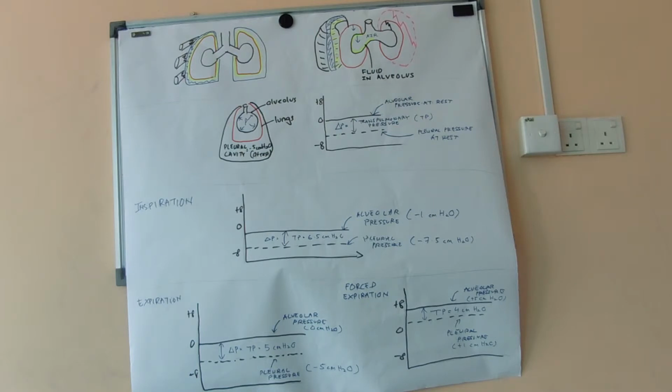The recoil of the lungs can be divided into 1/3 and 2/3. The 1/3 of the total recoil is due to the lung tissue constituents such as collagen and elastin fibers, which will always try to relax. So this force contributes 1/3 of the total force trying to shrink the lungs.